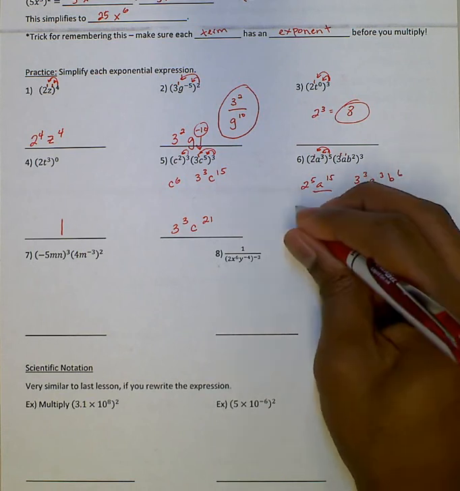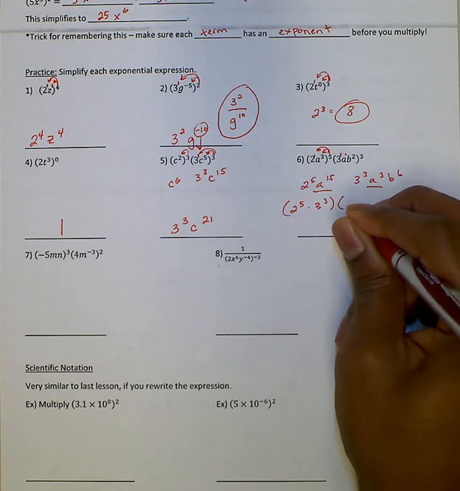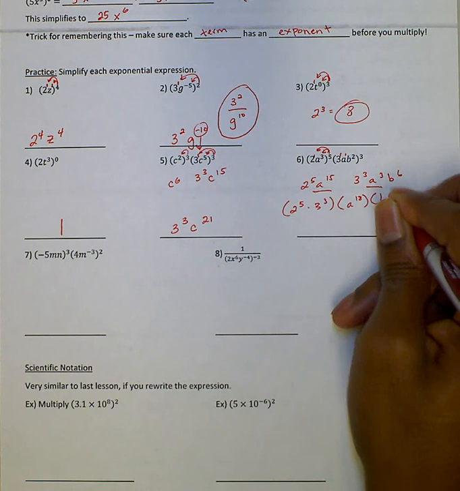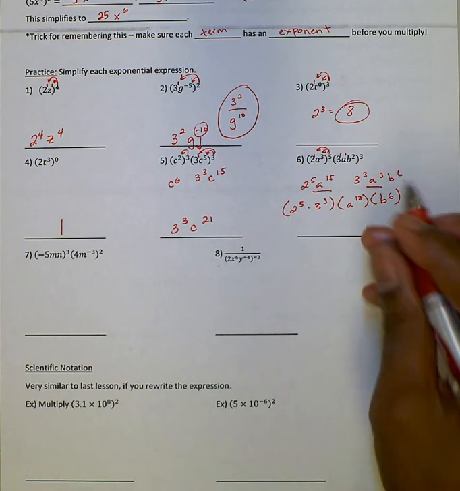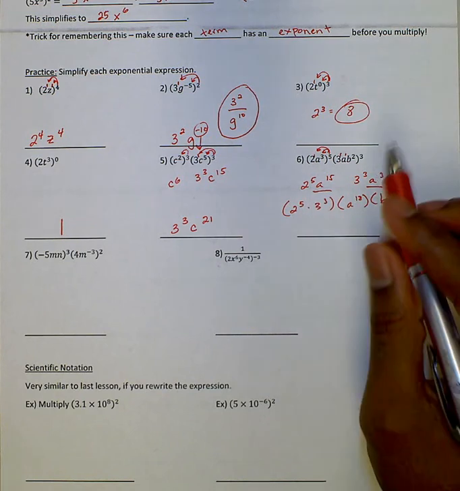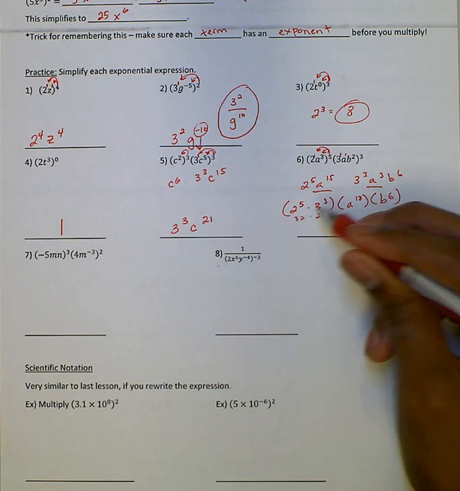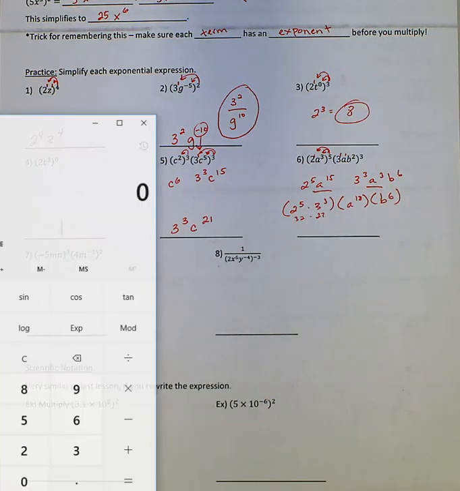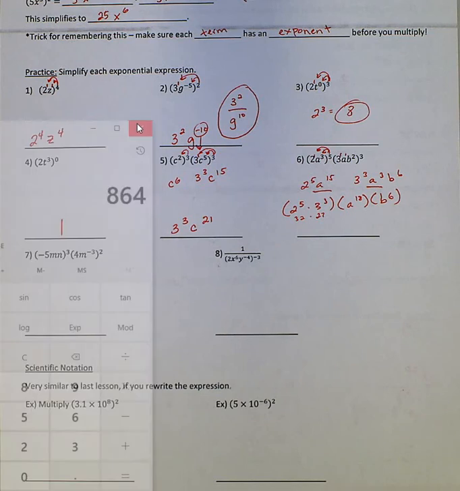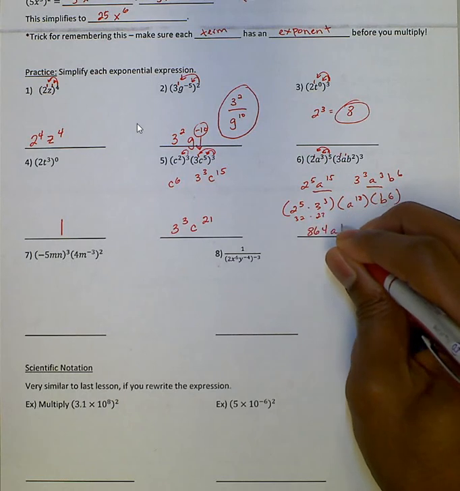Regroup these: 2 to the 5th, 3 to the 3rd, a to the 18th, b to the 6th. The reason I did this is because, although we can't use a shortcut for the numbers, we can simplify this. 3 to the 3rd is 27, 2 to the 5th is 32, and 32 times 27 is 864. So I have 864, a to the 18th, b to the 6th.